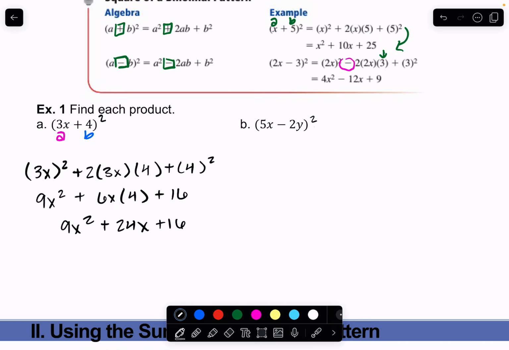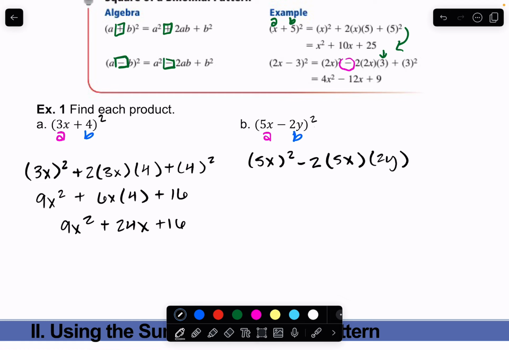For b, (5x minus 2y) squared. Here's my a. Here is my b. This time we've got that minus sign. So we've got 5x squared, a squared, minus 2 times a, which is 5x, times b, which will be 2y.